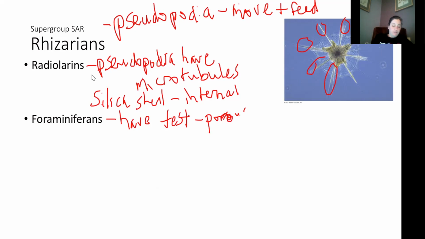The pseudopodia can come out through the holes in the test. And their test is made of calcium carbonate, which is like what chalk is made of.